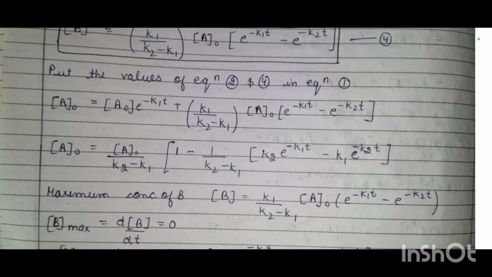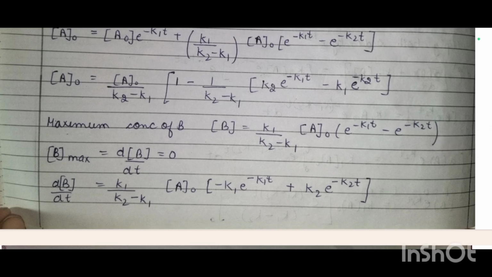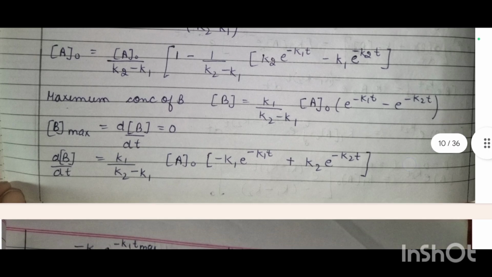The maximum concentration of B is k1/(k2 − k1) A0 (e^(−k1 t) − e^(−k2 t)). For B max, dB/dt = 0.